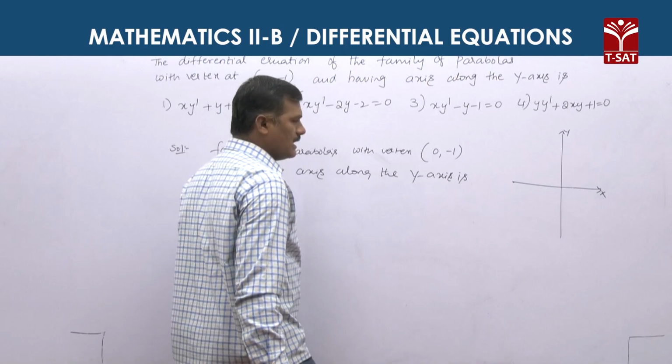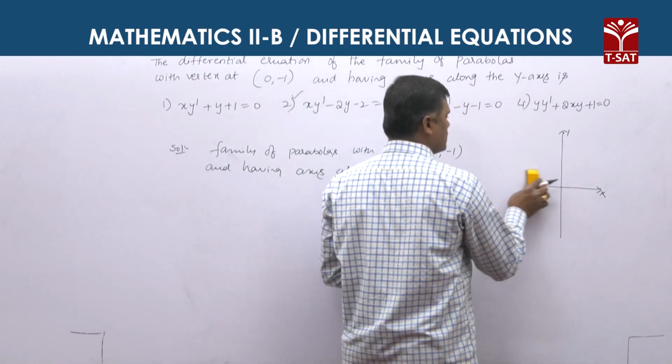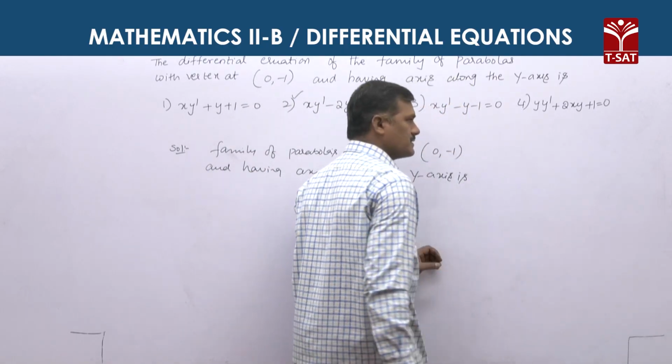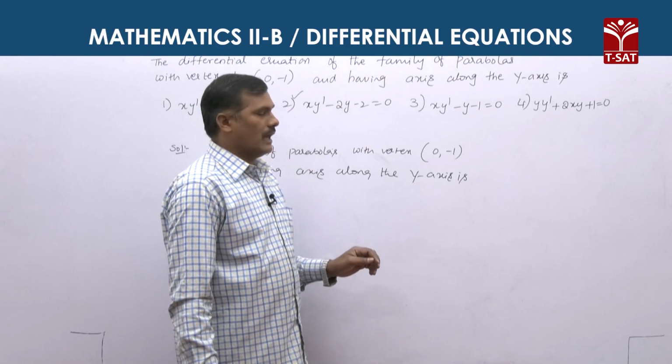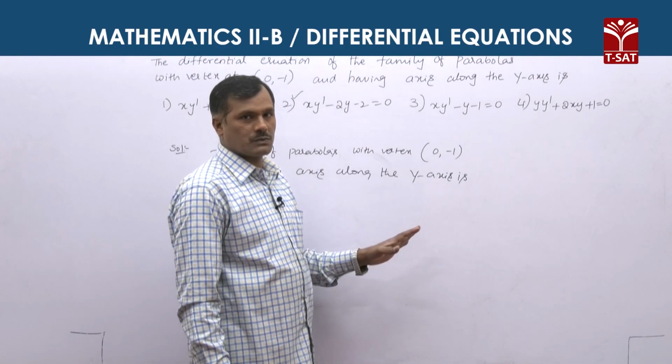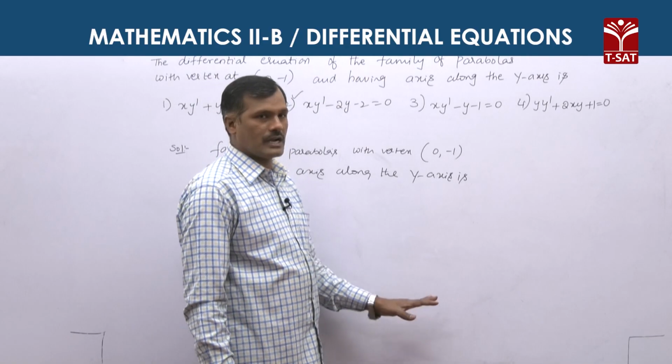The standard form of parabolas with axis along the y-axis is x square equal to 4ay or x square equal to minus 4ay. These are the standard forms.